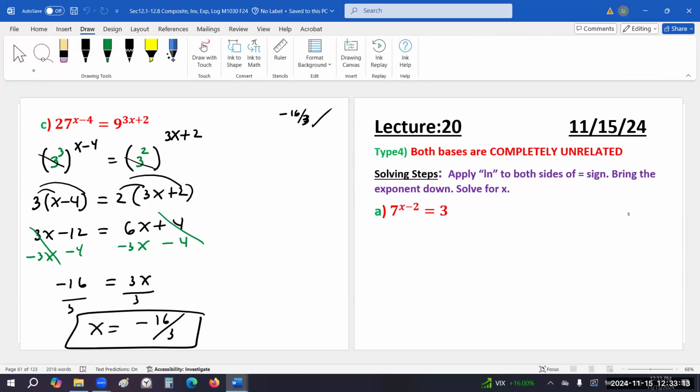We have both bases completely unrelated and only two bases.